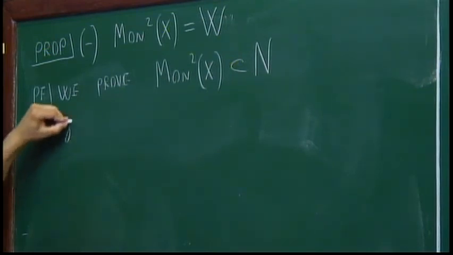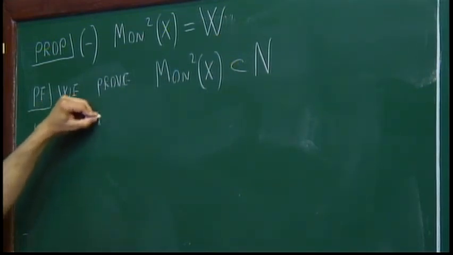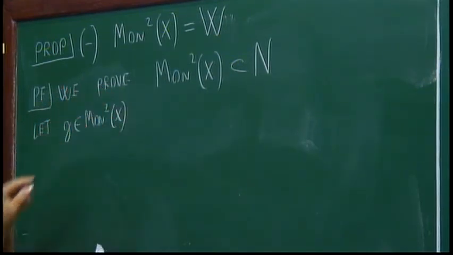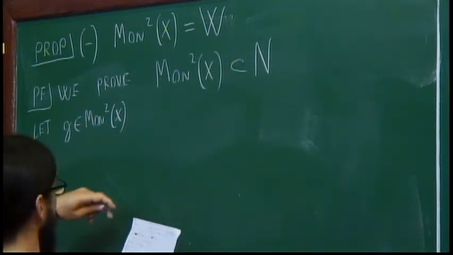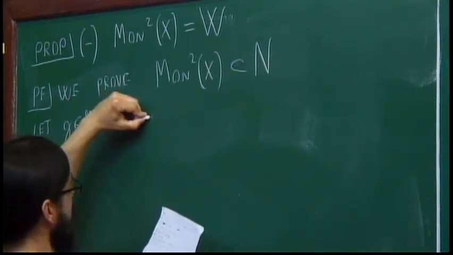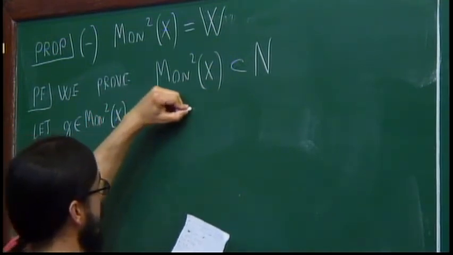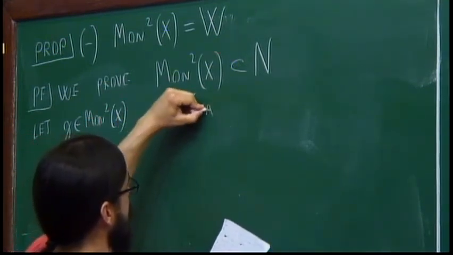So let us take an element g in Mon2, and we take delta as before.